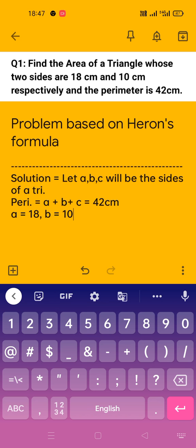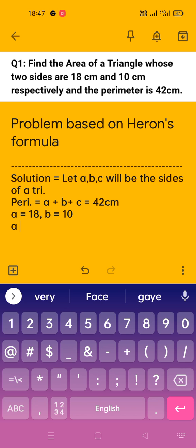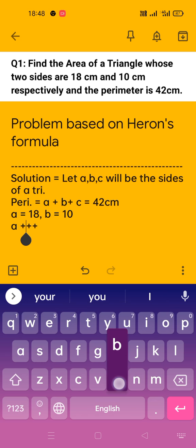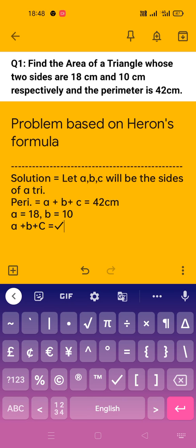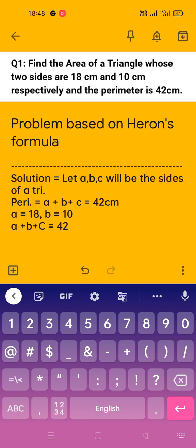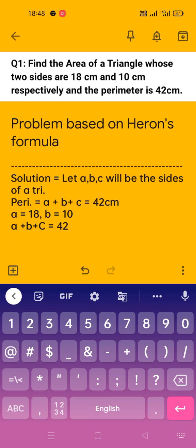Now what we have to do is add all of them. a plus b plus c is equal to, it will be 42 obviously. We know the values of a and b. a is 18, b is 10. We have to find c.